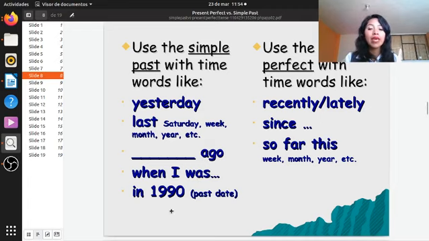Or we can use dates like in 1990 or 1995 to 2021, something like that, okay? And we use the present perfect with time words like recently, lately, since, so far, this week, this month, this year, etc., right? Okay, these expressions for present perfect, and yesterday, last, ago, when I was, and dates for simple past. Remember that, right? Okay.